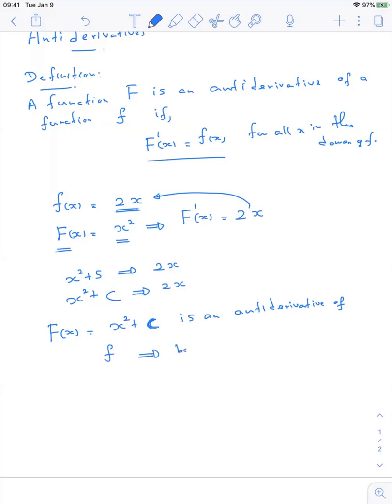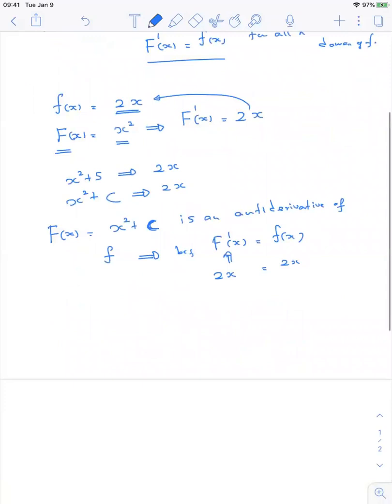Because when you differentiate, F dash x is 2x, and f(x) is what we defined as 2x. So this is how we define an antiderivative.